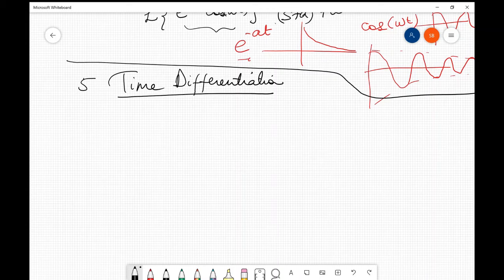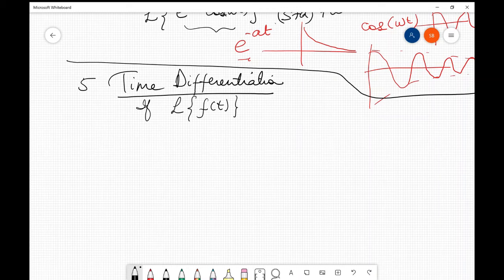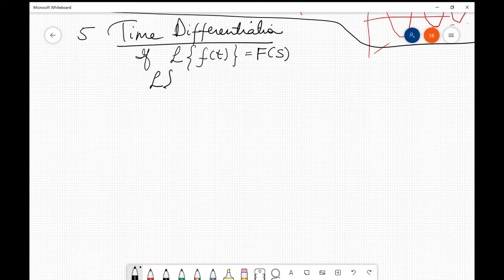The time differentiation property tells us that if the Laplace transform of f of t is F of s, then the Laplace transform of the derivative of f of t is always going to be a multiplication of the Laplace transform by s, subtracted by f of 0.